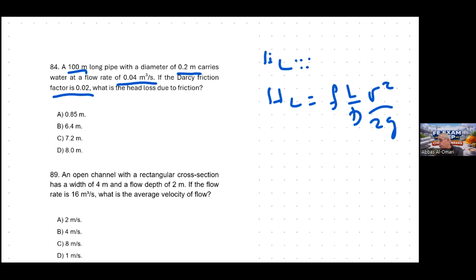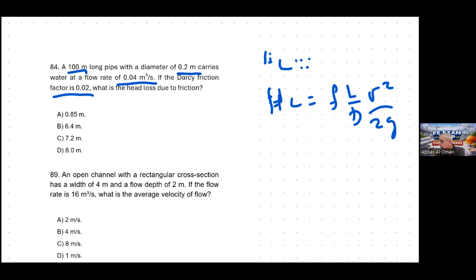For this type of formula, it is an easy formula, so it's better to remember it rather than to start looking for it in the handout you have. Some formulas are better to remember to save time in the exam.